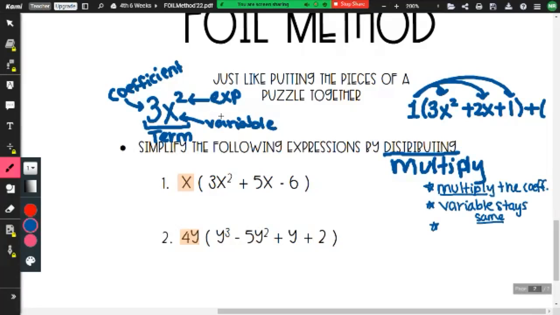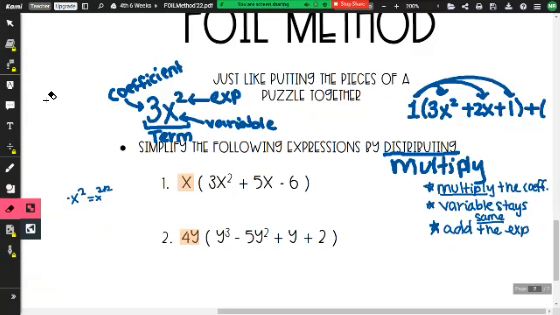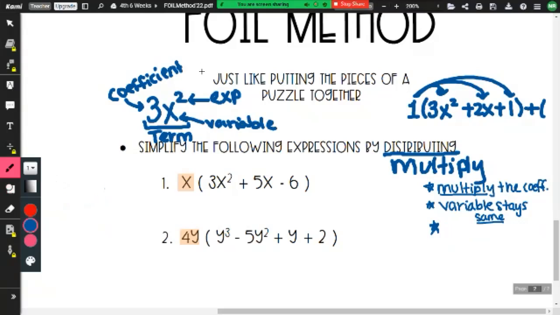But we add the exponent. When we multiply, think back to laws of exponents. You don't have to write this part down, but if we're multiplying x squared times x squared, we're multiplying the powers, so you add the exponent. It kind of goes against what we have been working on the past couple of days, but that is because we're going from adding to now multiplying.